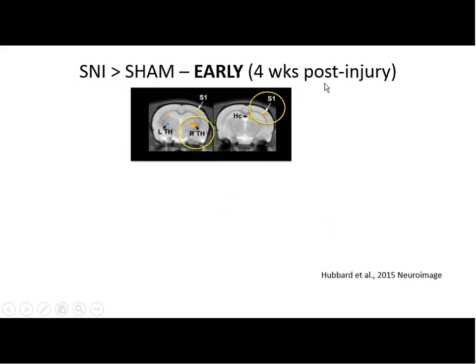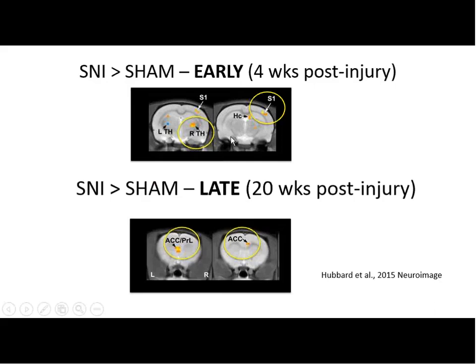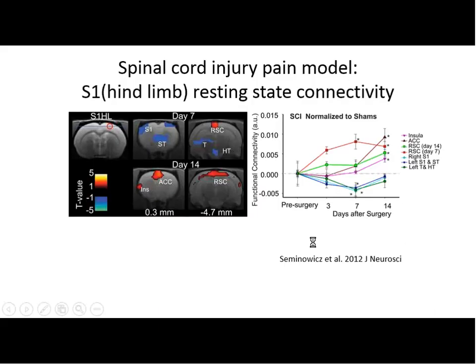So early on, at 4 weeks post-injury, you see relatively increased activation of more sensory areas like the thalamus and the primary somatosensory cortex in the injured animals compared to sham. Later on, at 20 weeks, those changes are gone. Sensory changes are no longer there, and now we have changes that are more associated with limbic circuitry again, so more rostral anterior cingulate or medial prefrontal cortical areas.